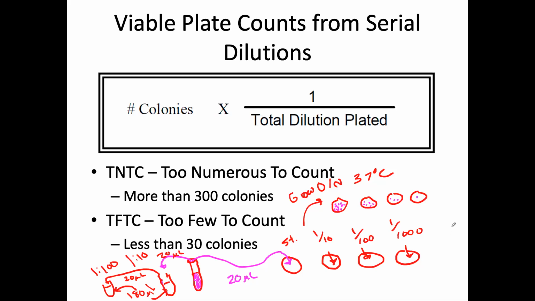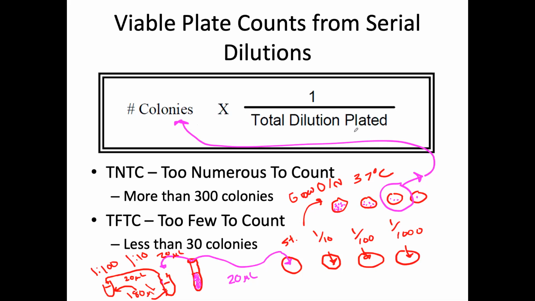All right. And so what you're going to do is pick a plate that has a number of colonies that you can easily count just by hand. So I would probably select this plate. I would count it and put the number of colonies here. And then I would multiply that by 1 over the total dilution plated.